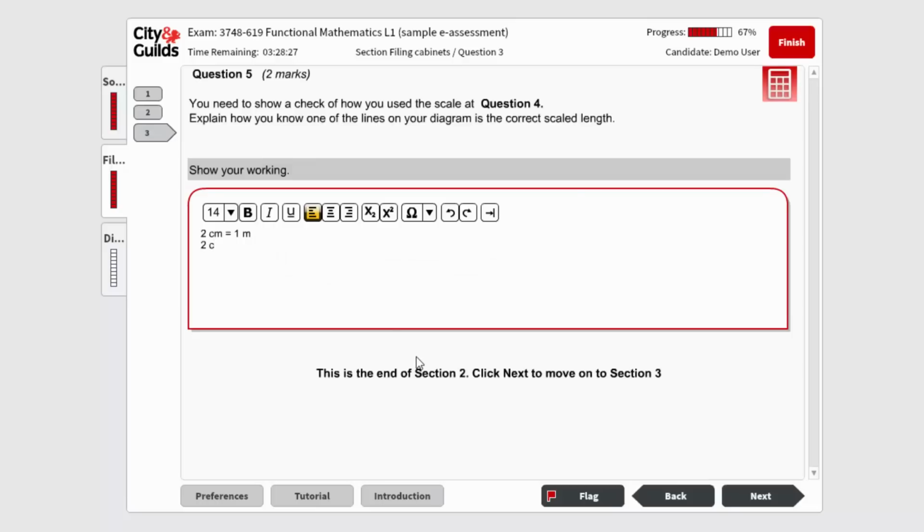If 2 centimeters is equal to 1 meter, 2 centimeters is also equal to 10 squares. There are 10 little squares in that large block, which means that 10 squares is equal to 1 meter. If 10 squares is equal to 1 meter, then 10 squares is also equal to 100 centimeters, because 1 meter is 100 centimeters.